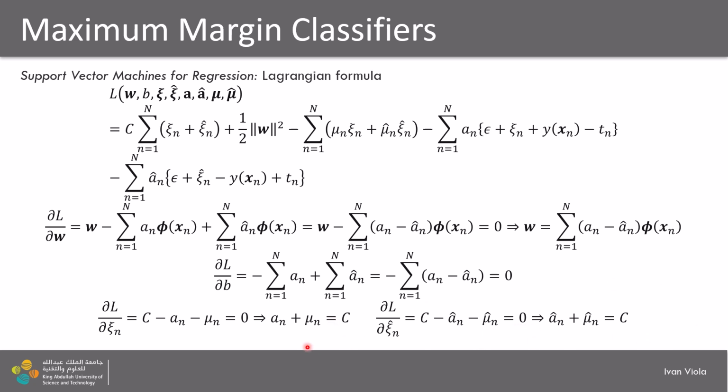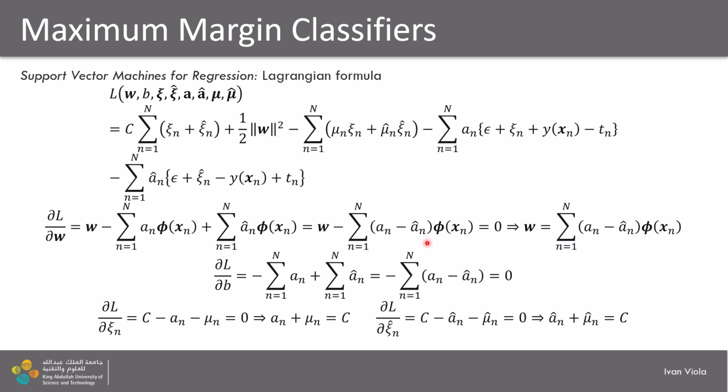So we have a very similar outcome for the xi hat n. So these are now our variable replacements or substitutes or constraints, such that in the dual form we will then represent our outcome in this way, in the new formulation of the Lagrangian formula, which will then be only based on the vectors a and a hat.